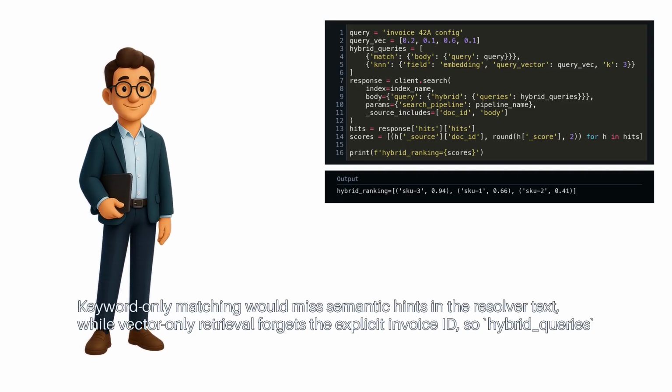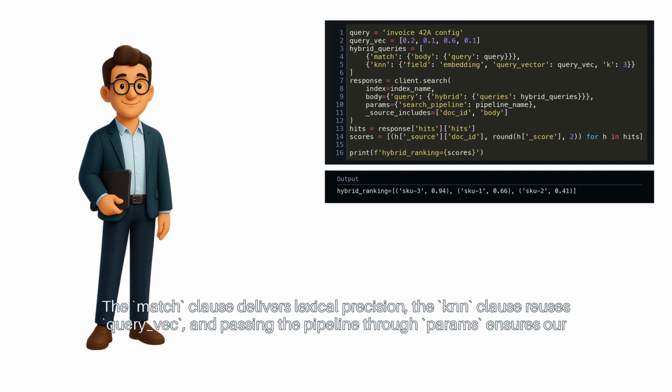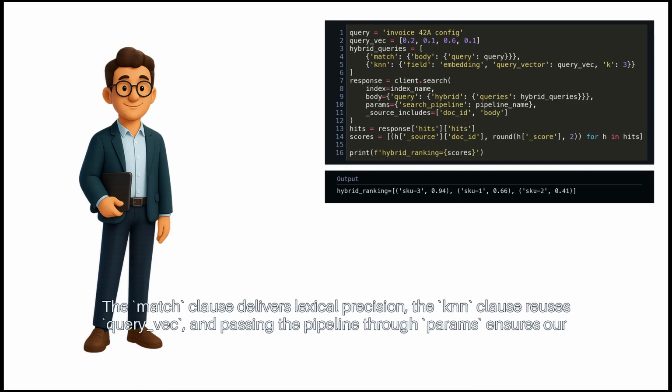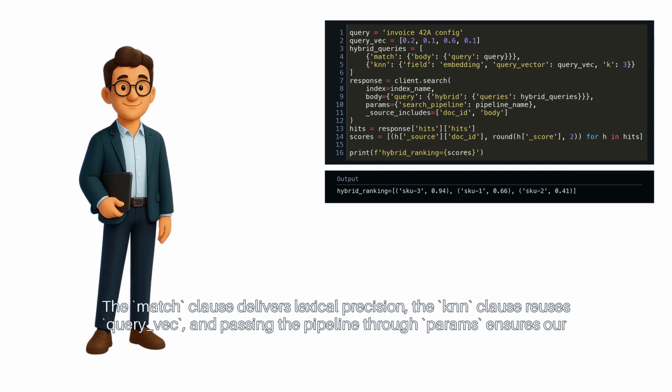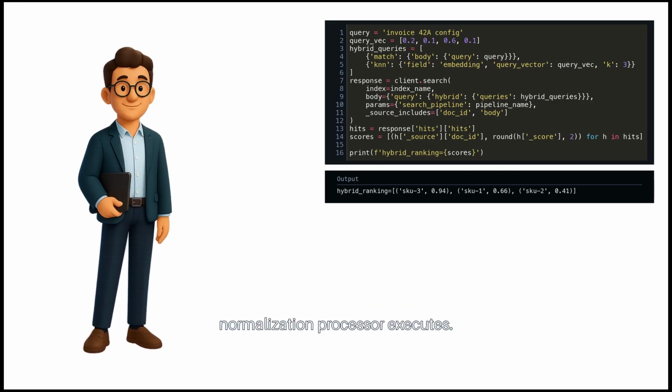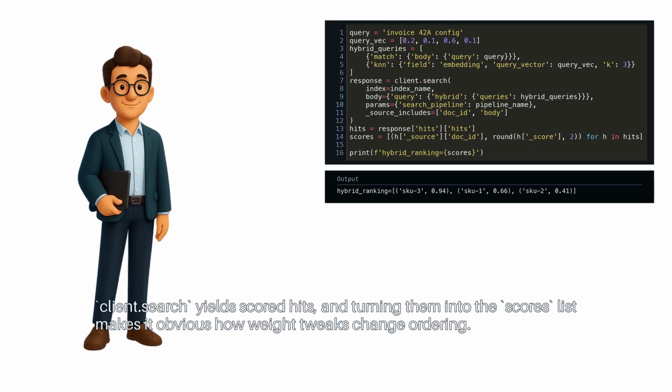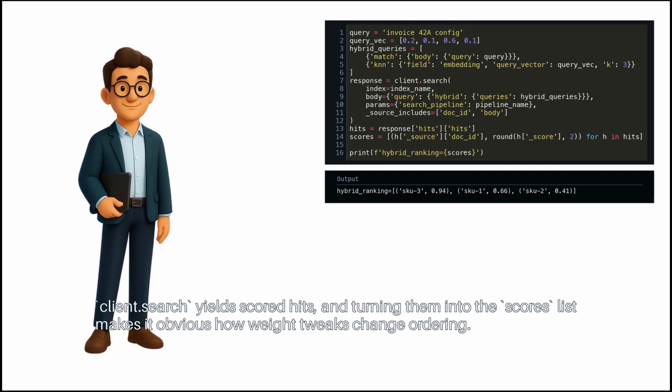So hybrid queries keep both perspectives. The match clause delivers lexical precision. The KNN clause reuses query_vec, and passing the pipeline through params ensures our normalization processor executes. client.search yields scored hits, and turning them into the scores list makes it obvious how weight tweaks change ordering.